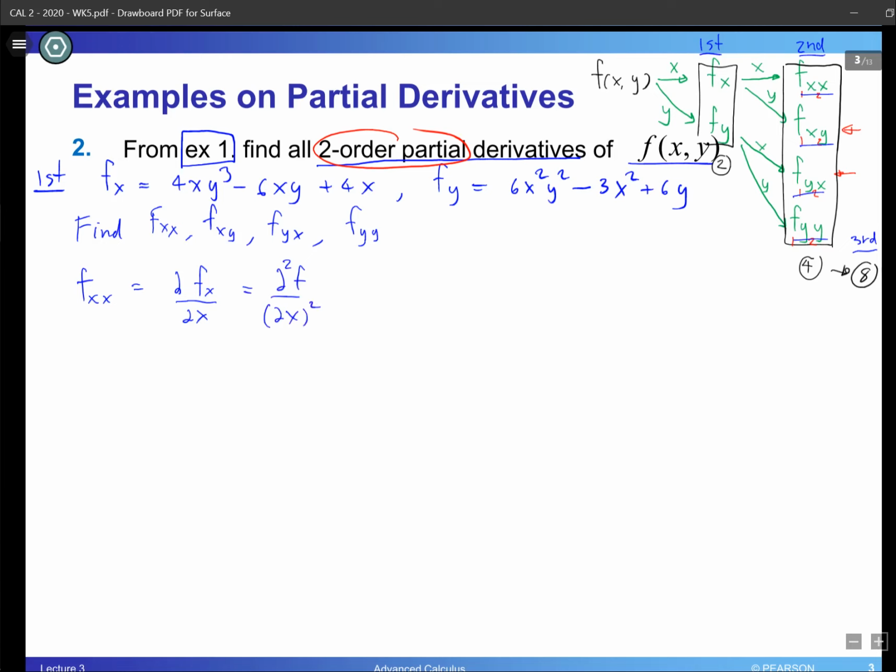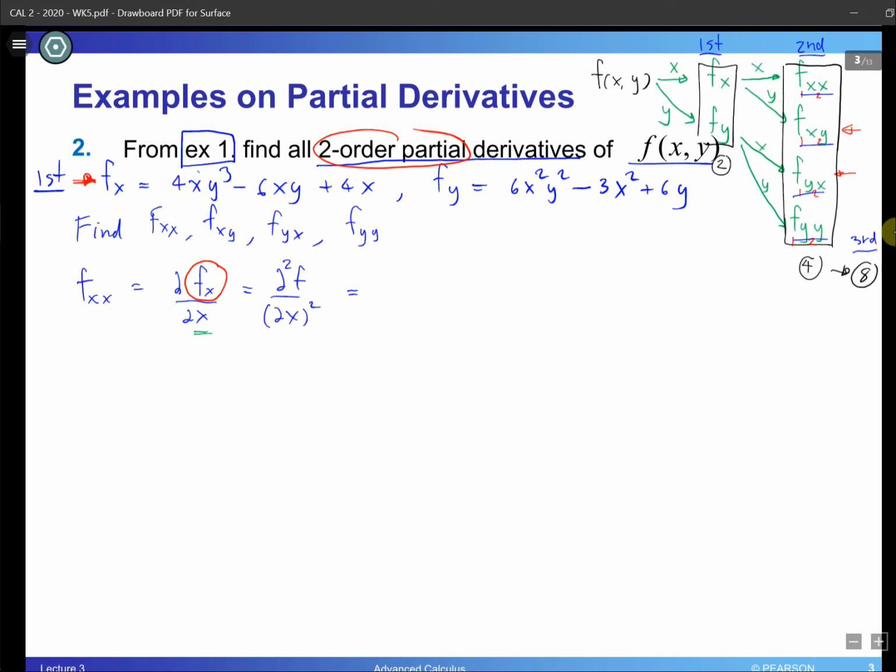Now this is going to be equal to something, and let's do the calculation. Here we are going to diff this fx with respect to x. So we are going to focus on this expression of fx here, and we are going to diff it with respect to x. So taking a look here, I am interested in the x variable.